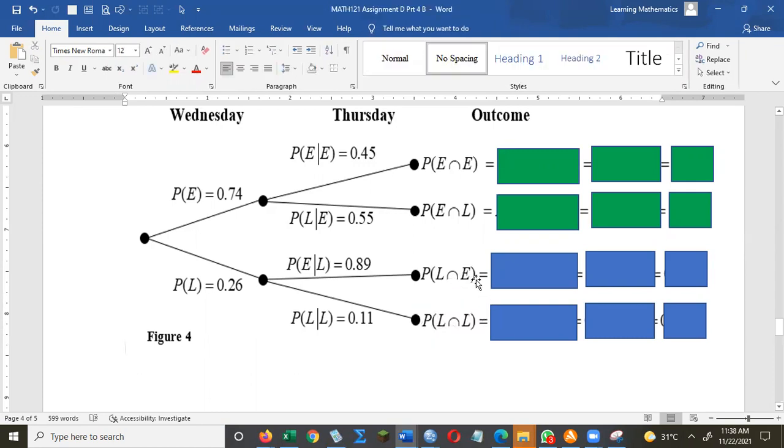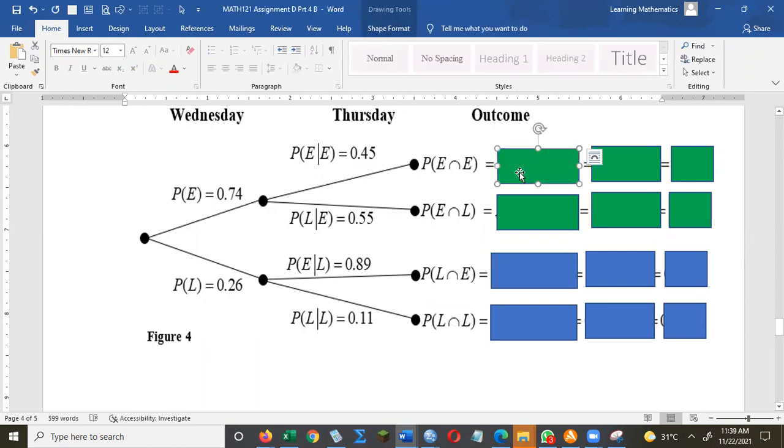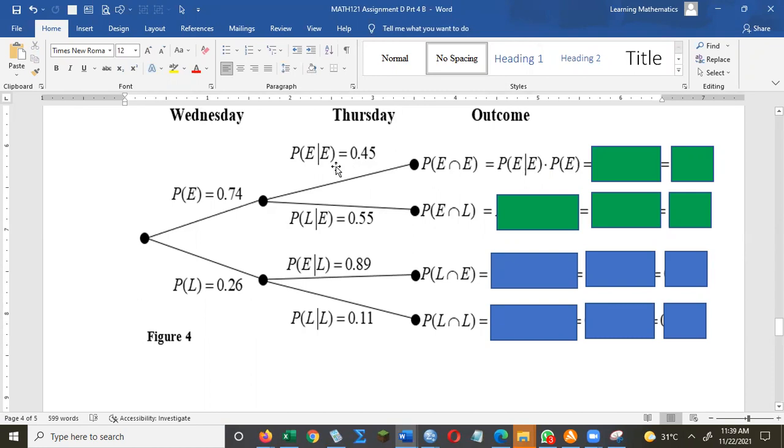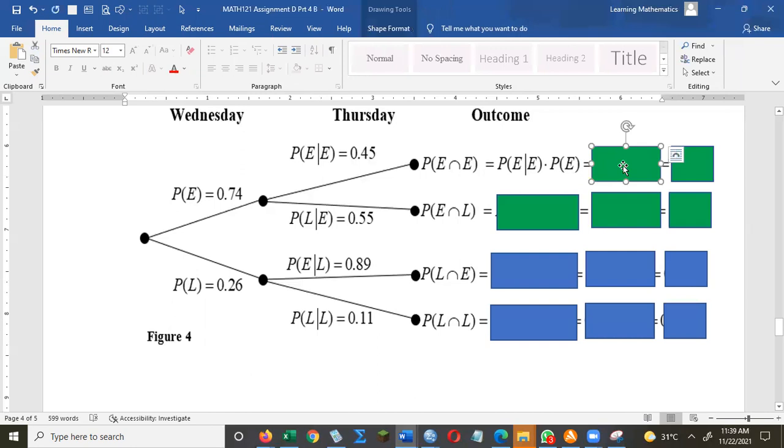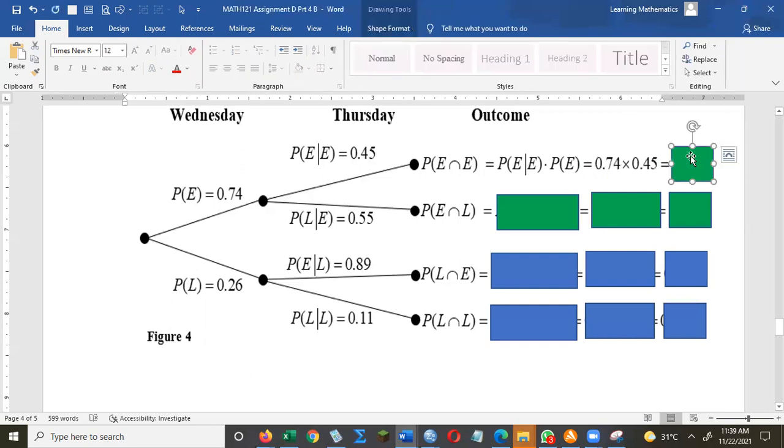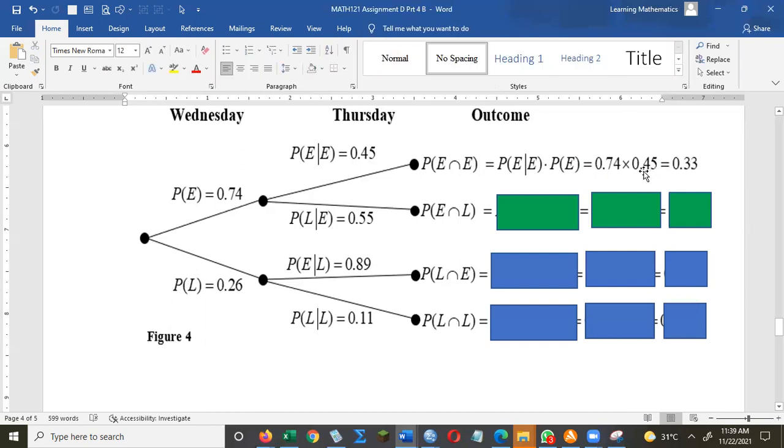And to calculate the probabilities now using formula number 5, because that's what we have: E given E times E, L given E times E. So you just multiply. You might see in a YouTube video that they'll just tell you to multiply along the branch to get the outcome.